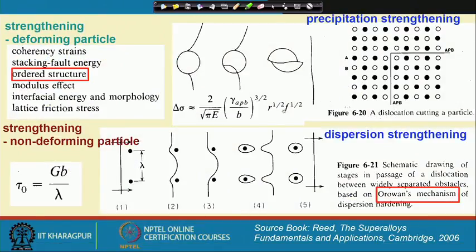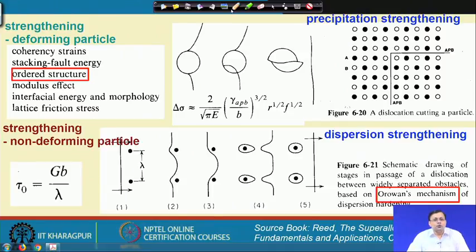Now, before going to the precipitation strengthening mechanism, we must try to recapitulate what is possible. You must have heard about two different types of particle nature that people consider: a particle reinforcing a matrix is either a deformable particle or a non-deformable particle.